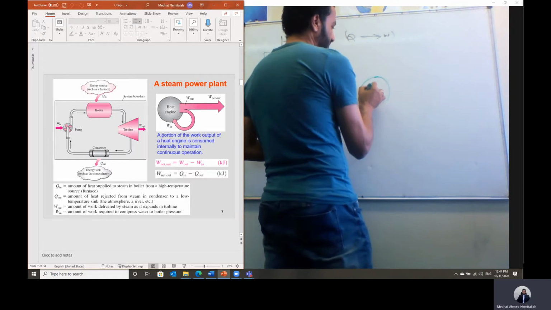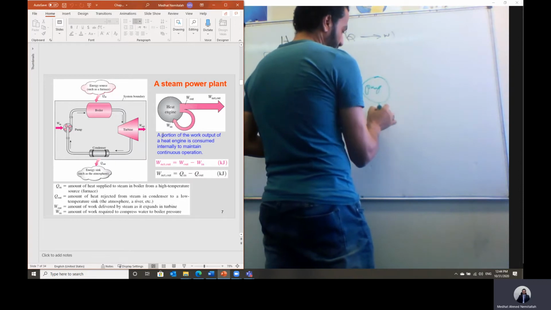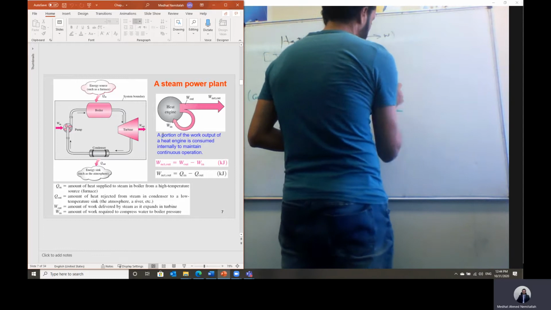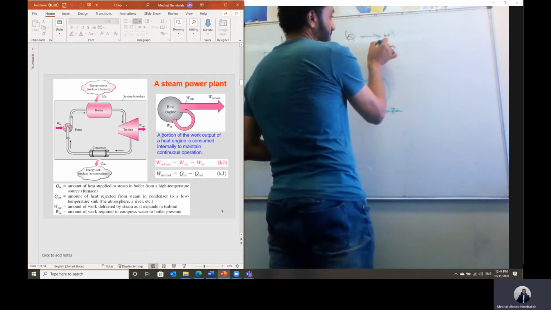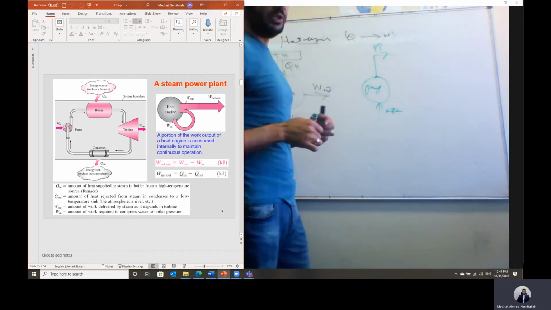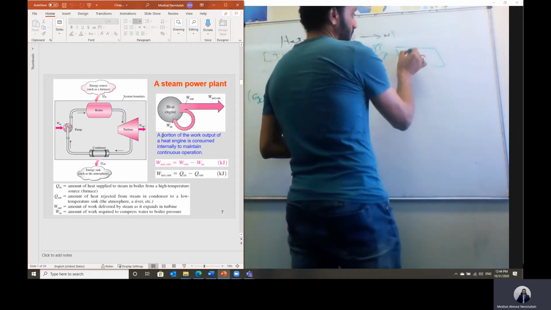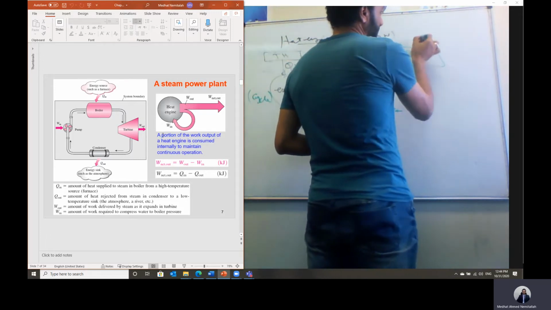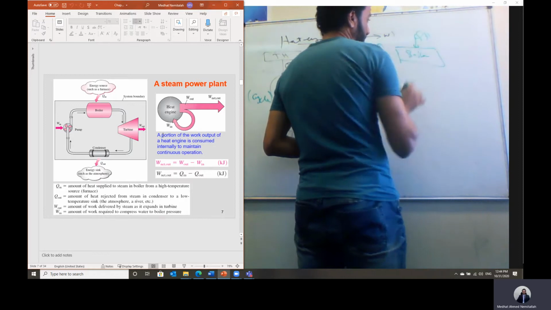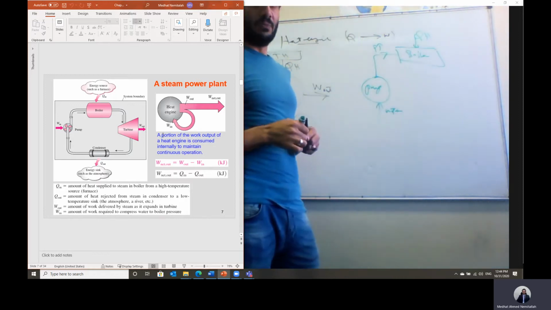In a steam power plant, we have a pump that takes the cold water and pressurizes it to the pressure of the boiler. So it raises the pressure of this water. Inside the boiler, we burn the fuel to have heat release at high temperature.